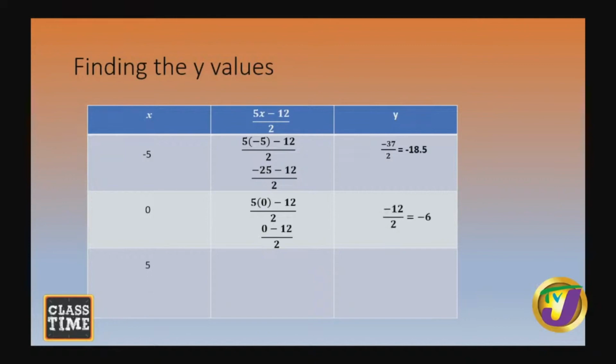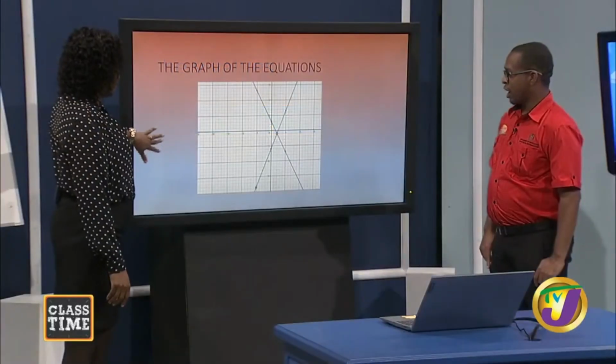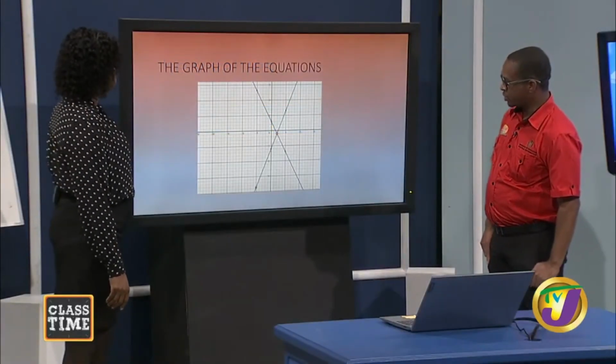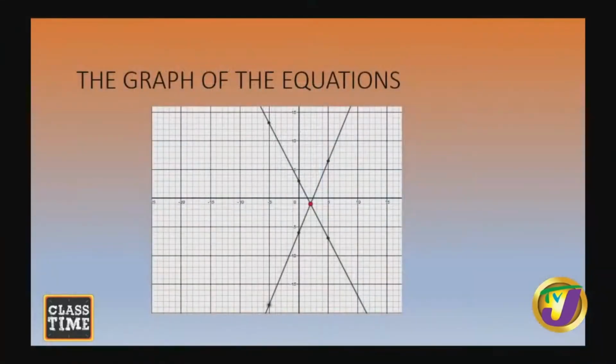When we use 5 for the x value, that would be 5 multiplied by 5 minus 12, all divided by 2. That would be 13 divided by 2, which is 6.5. So now we have our two sets of points that we can use to plot our graph. And when we plot our points, we are getting one unique solution again.